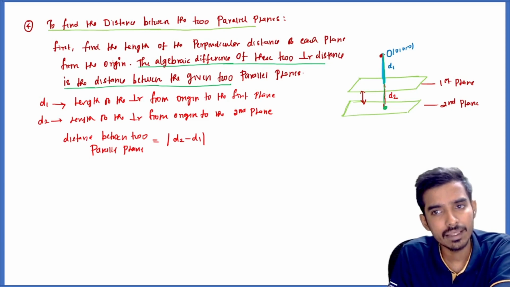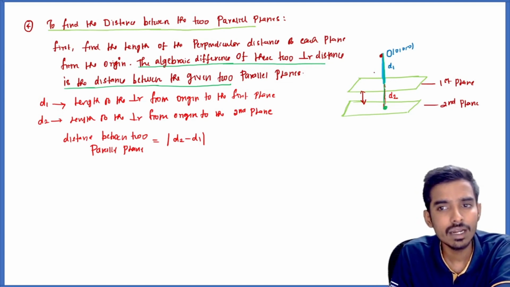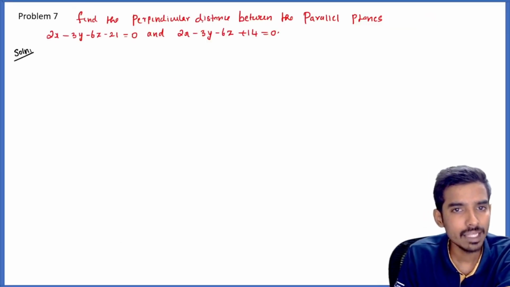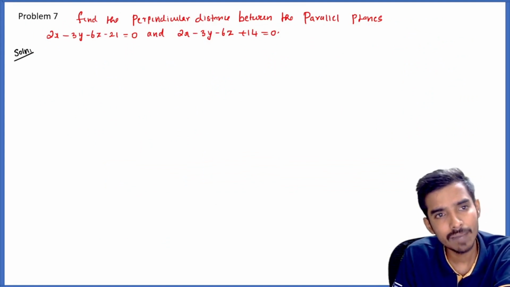You need to find the perpendicular distance from the origin to the first plane, call that d1, and the perpendicular distance from the origin to the second plane, call that d2. The algebraic difference of these two perpendicular distances is the distance between the two parallel planes. We're going to make use of that note here.